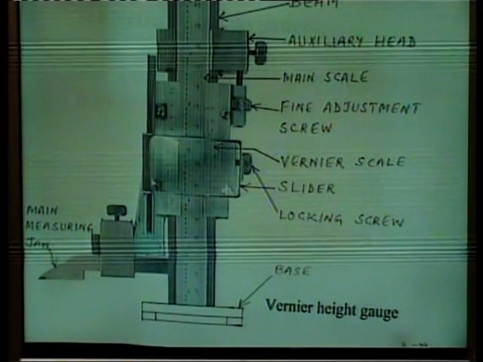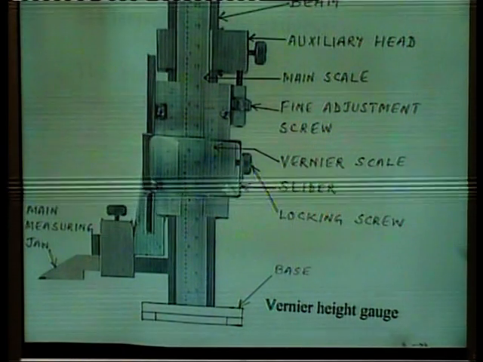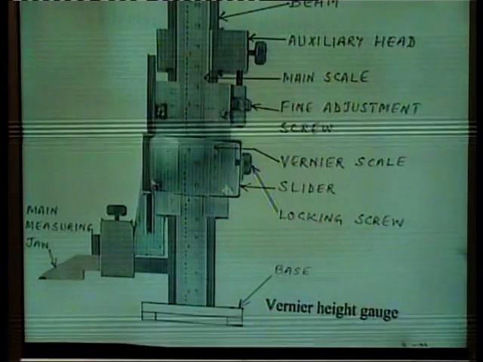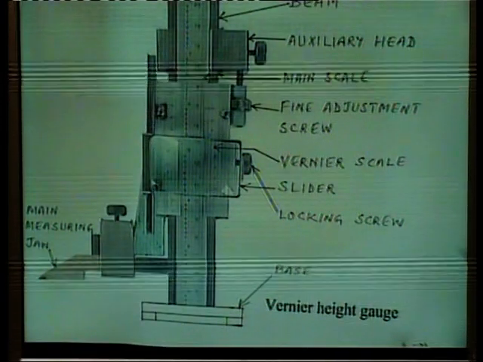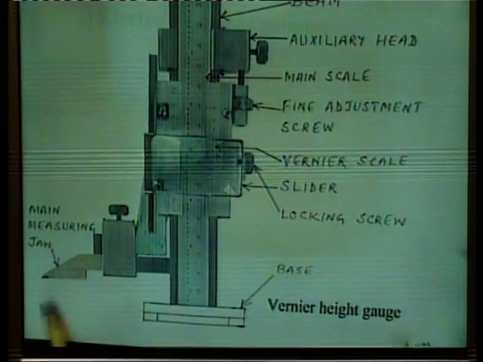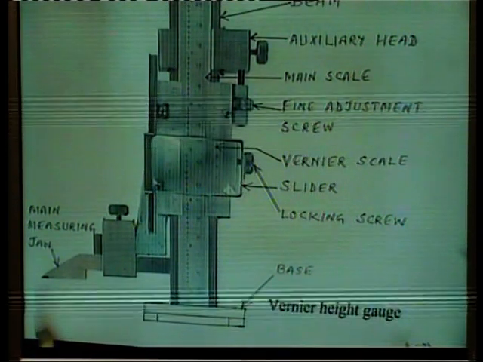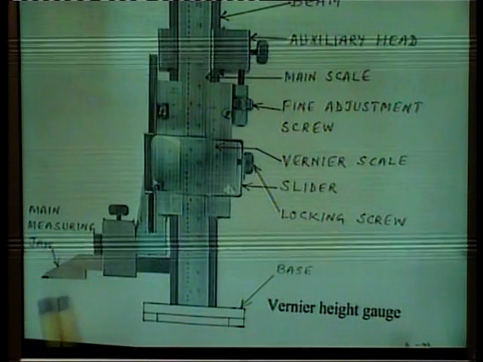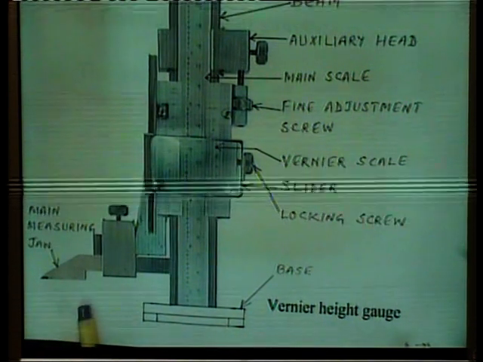When we measure the reading of an object, the object whose height is to be measured is put here. This is the main measuring jaw of this vernier height gauge.